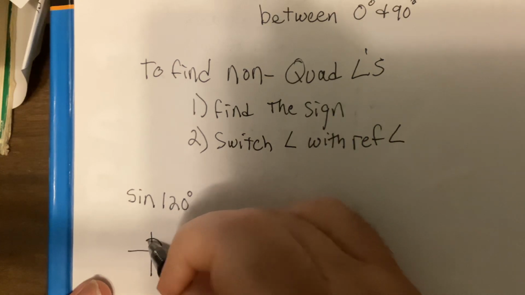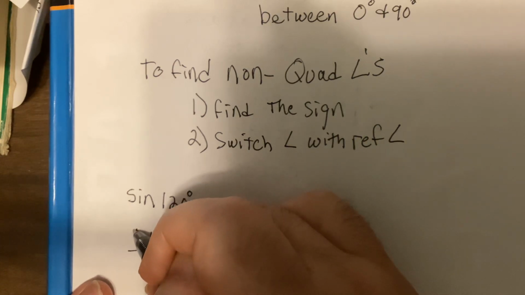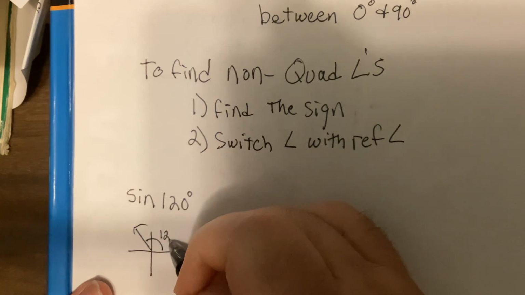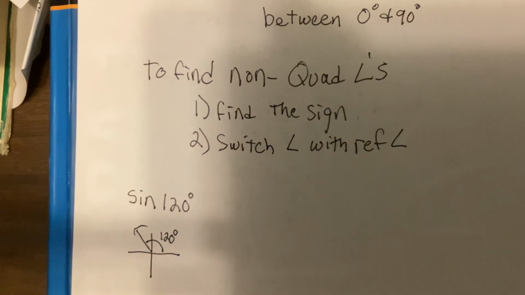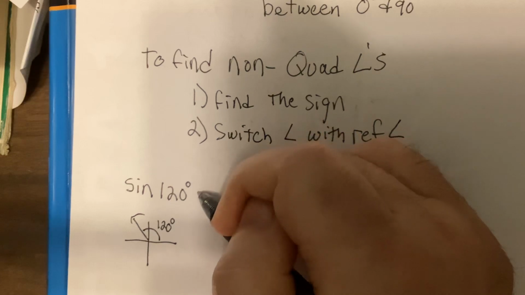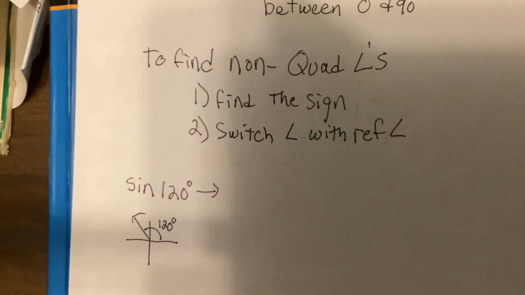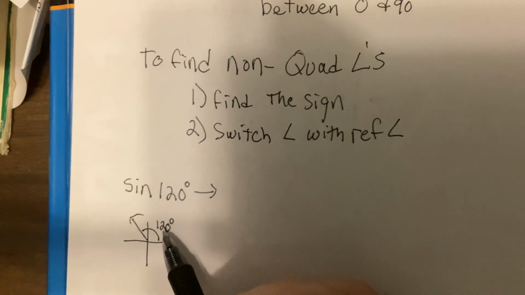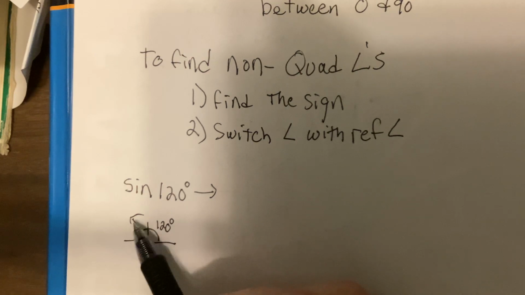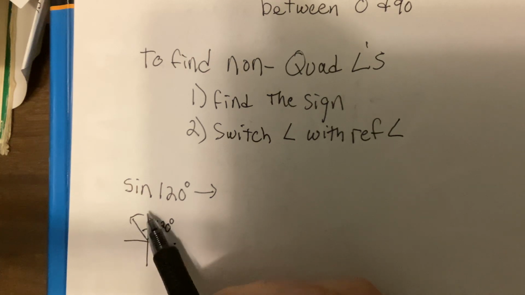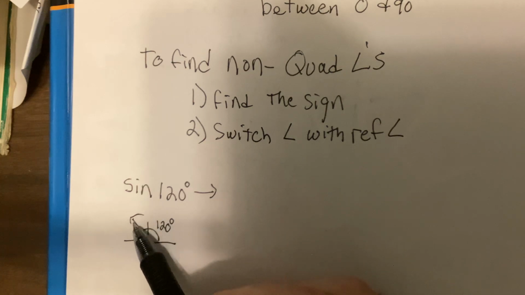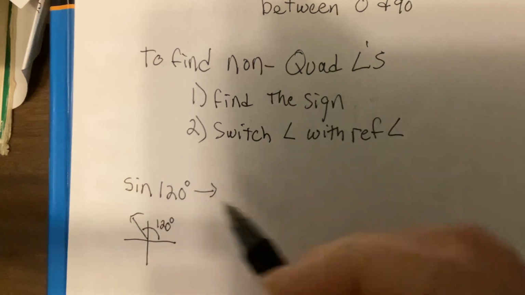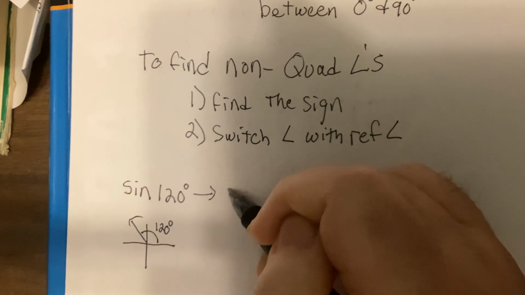That is 120, approximately. The first thing I do is figure out what would the sign be. Is it positive or is it negative? Well, all students, sine is positive, or y is going up, so sine is y over r. Y is positive in the second. R is always positive. So sine would be positive.